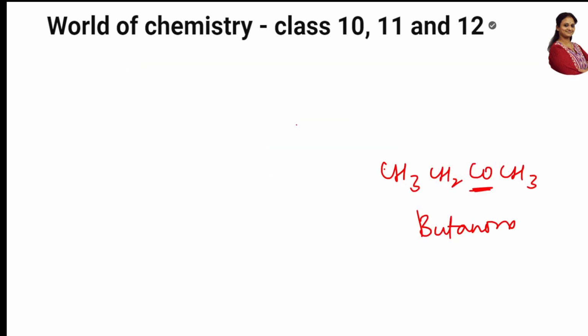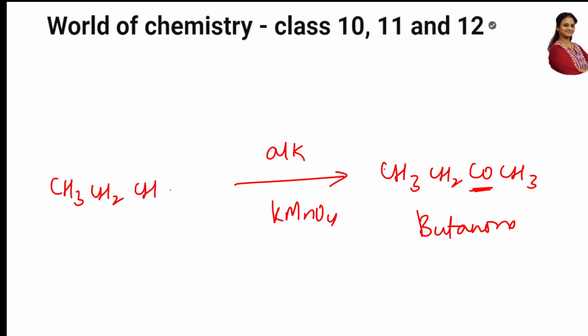Let us write the reaction now. Go back. Take this. Write alkaline KMnO4 in this case. Take butan-2-ol, CH3CH2CH(OH)CH3. Now see what happened. Alkaline KMnO4 oxidizes. What is oxidation? Oxidation is addition of oxygen or removal of hydrogen.